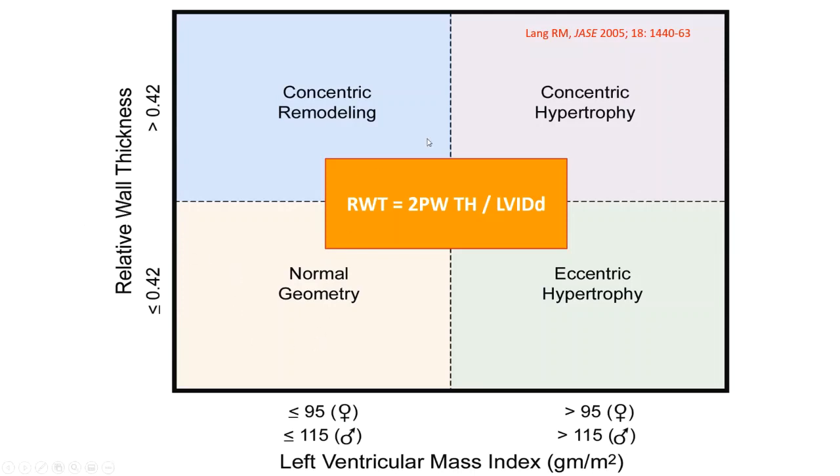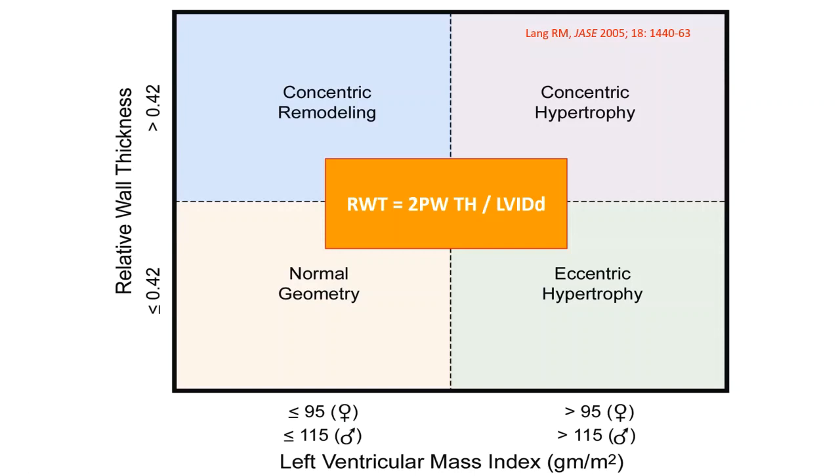So if you go into a hypertension clinic, you will find that, first of all, about 25% of patients in the clinic with hypertension will have left ventricular hypertrophy, a much greater percentage by echocardiography than by electrocardiography.